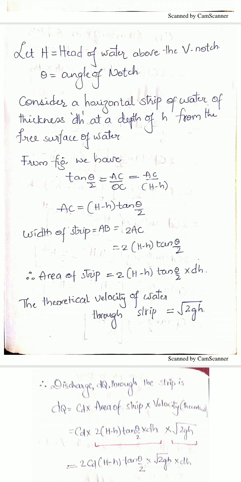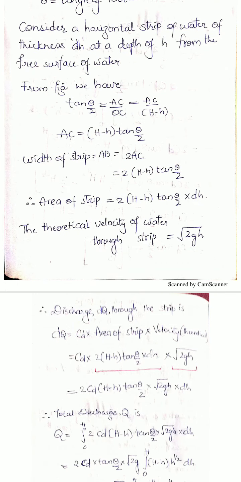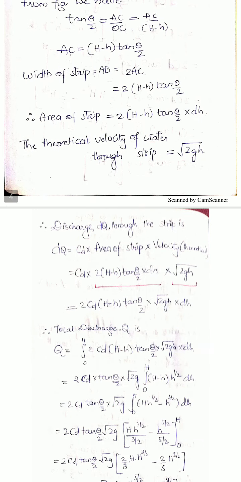Next, we already know the theoretical velocity is square root of 2gh. Next is the same as the rectangular one. The discharge dQ will be CD into area of strip into velocity. I have substituted all the terms, area of strip and velocity.